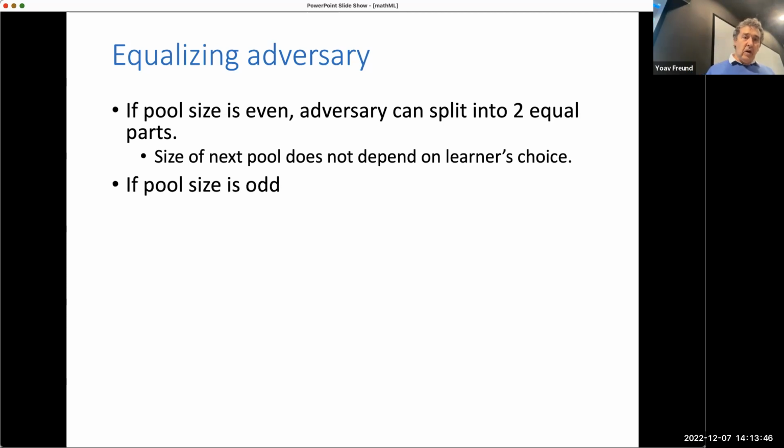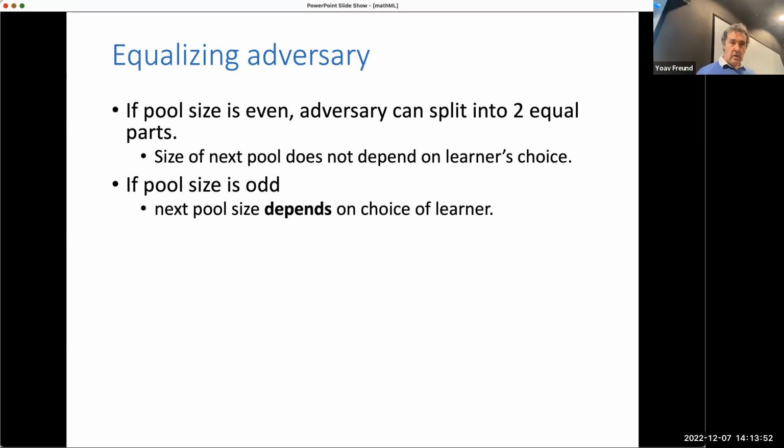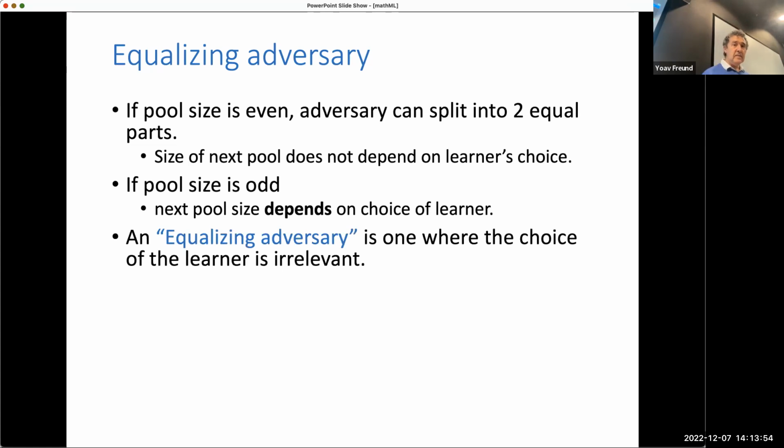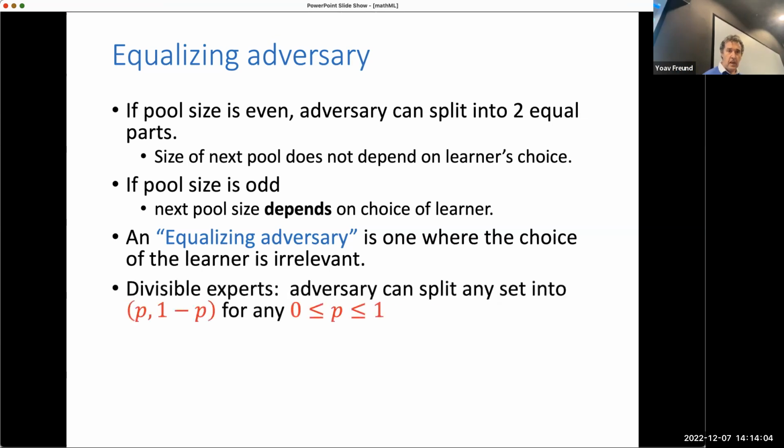If the pool size is odd, then the next pool size depends on the choice of the learner. An equalizing strategy is one where the choice of the learner is irrelevant. Okay, and we're going to do everything looking for equalizing strategy. So for that, you need something that I call divisible experts, or you can think about them as continuous experts.